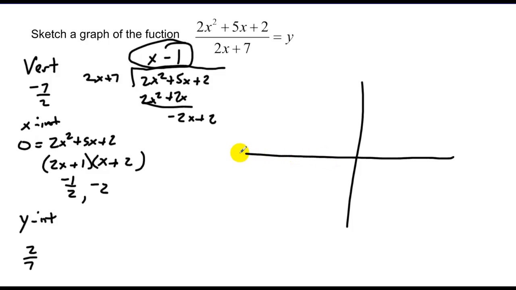Go through the graphing step. In this case, x-intercepts of negative 1/2 and negative 2. Vertical asymptote at negative 3.5. And a y-intercept of 2/7.